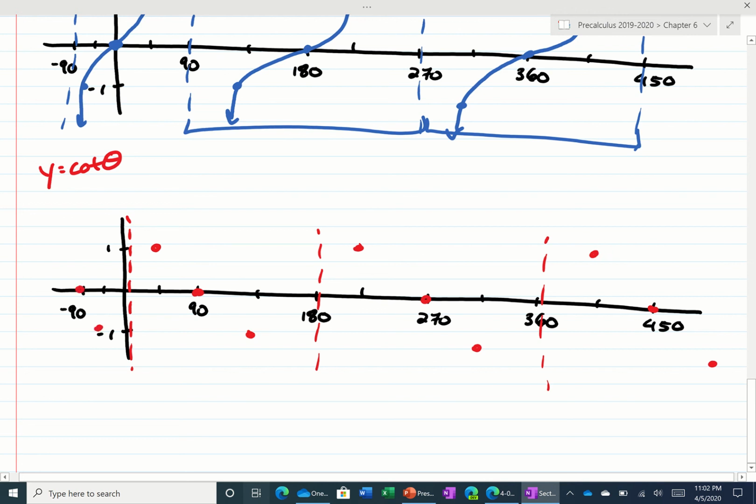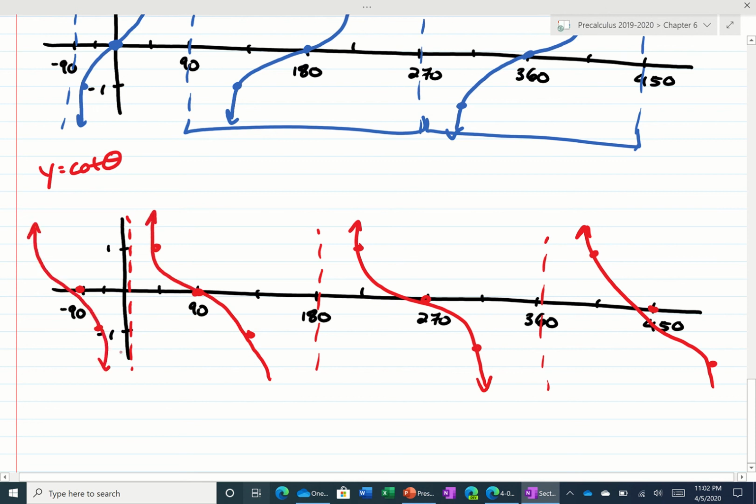So if we connect these dots, it's going to look like a cubic, but it's going the other way. Probably something like that. So this is a cubic graph, just like tangent.